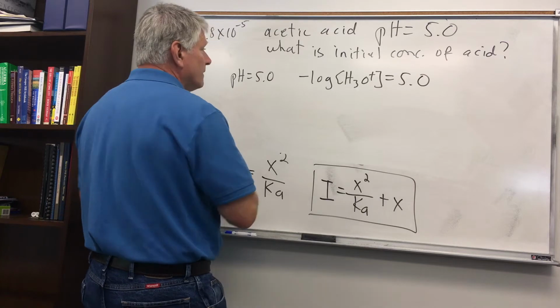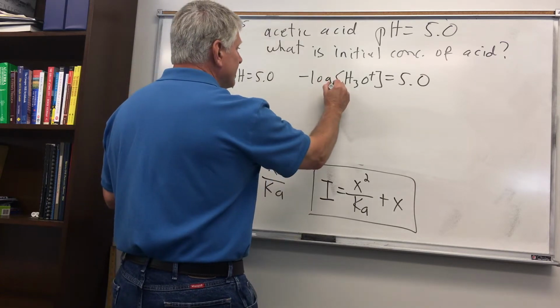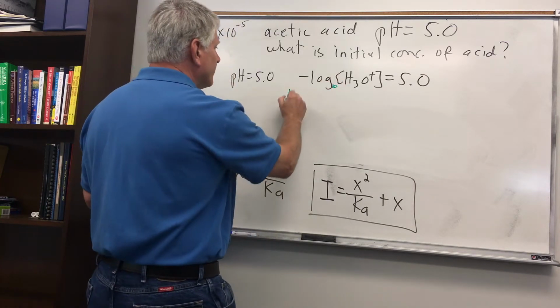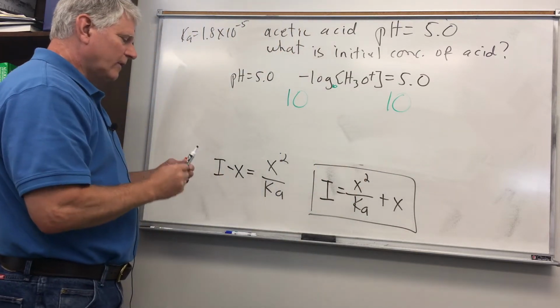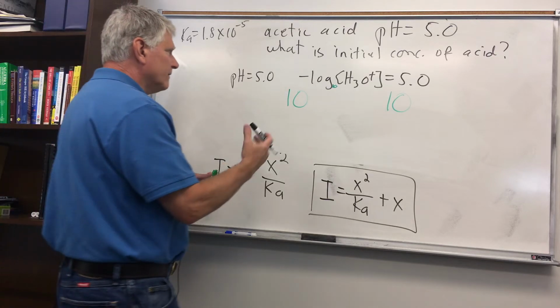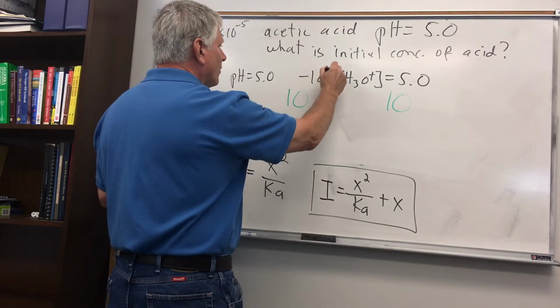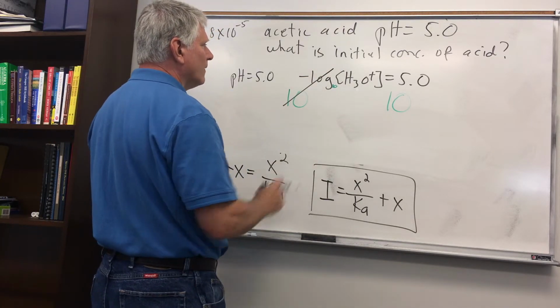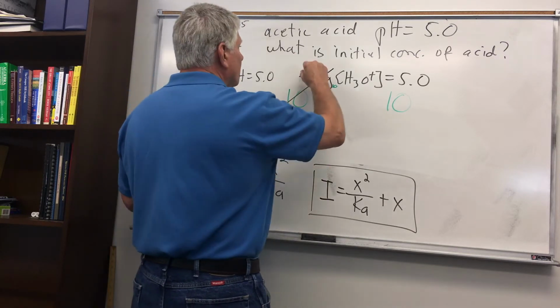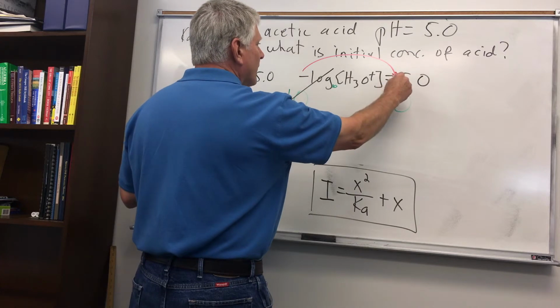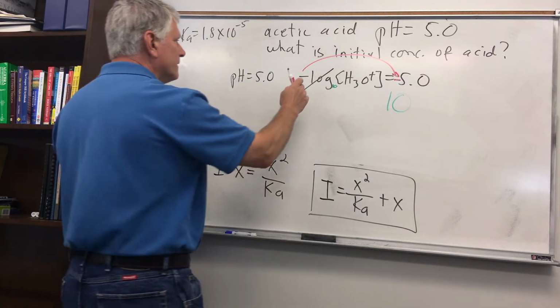And since this is the log base 10, I just raise each side of the equation to a power of 10. So now I have log, anti-log. They will cancel out. I'll take my negative sign over to the right side of the equation.